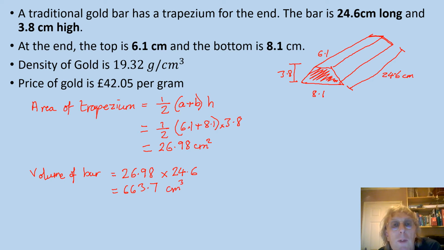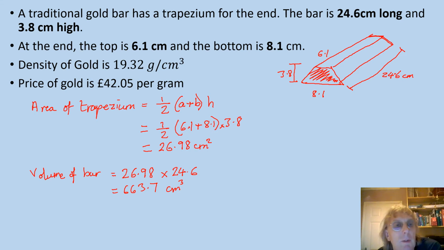So we've now got our volume, and that's the thing you've got to remember with a prism. You've got the area of the base times the length, however you want to think of it. Find the area of the cross section and multiply it by the length. So we've now got the volume.